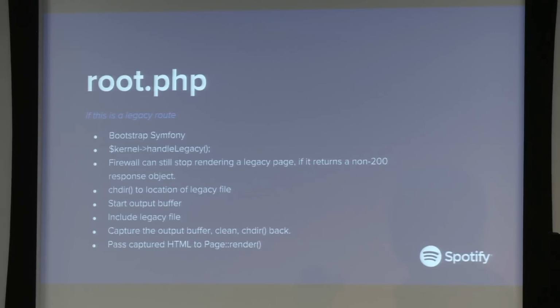So this was the root.php file. Once you've determined based on the file system that it's a legacy route, we would do a basic bootstrap of Symfony, which is normally already in the app.php file: create your request from the globals, create the app kernel, get the autoloader going.